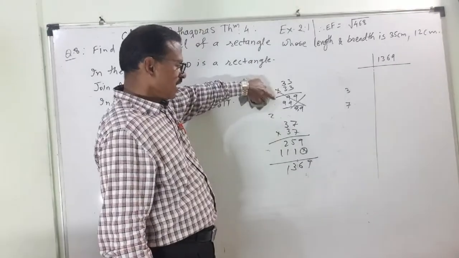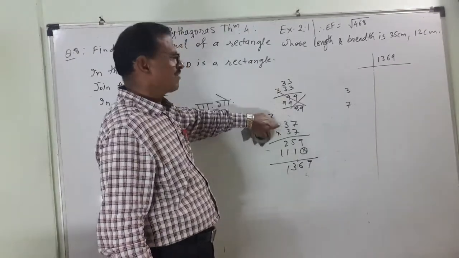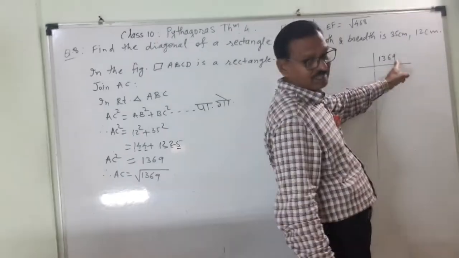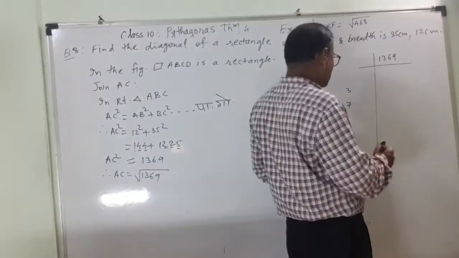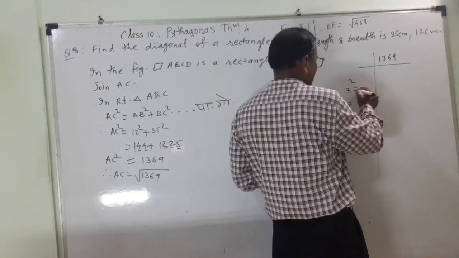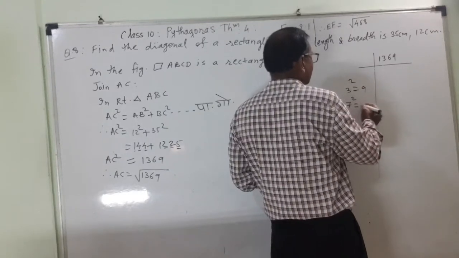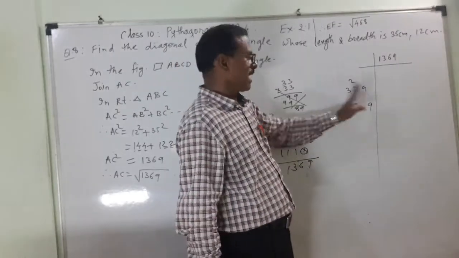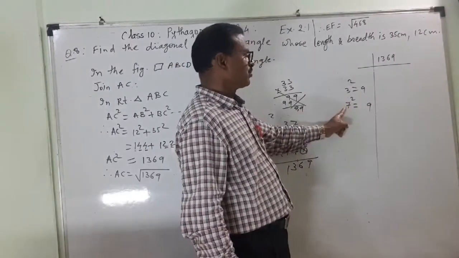It is not 33, so then 37 we have to try. Why? Because I have seen the last digit. It should be 9. So the square of 3 will be 9, and the square of 7, at the unit place, is also 9. So these two.